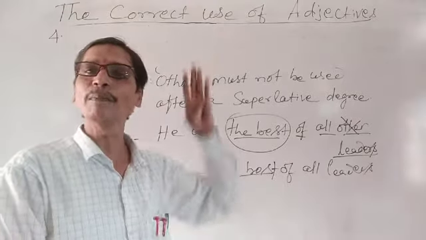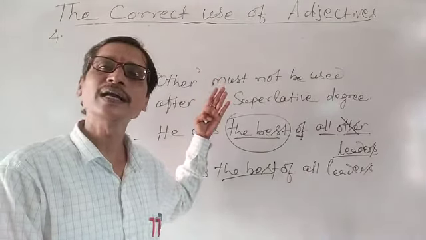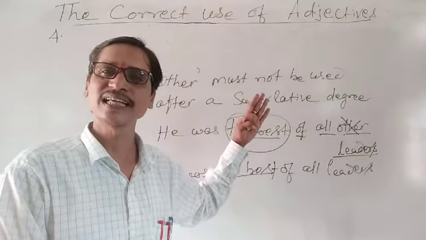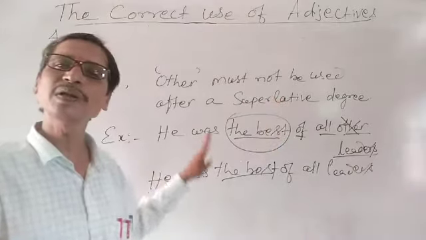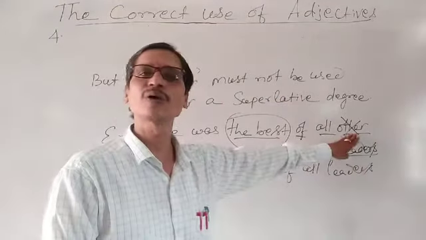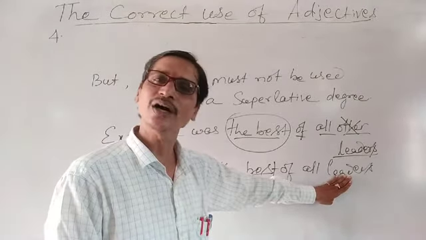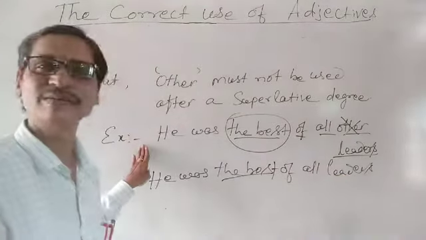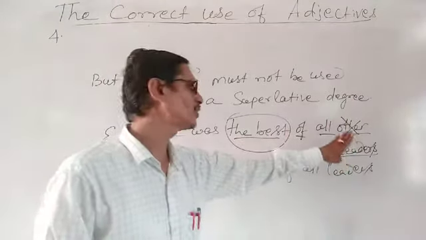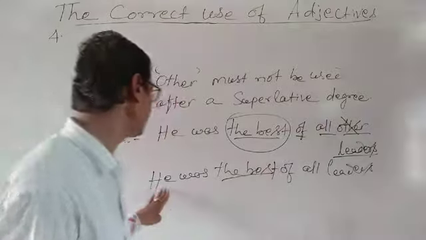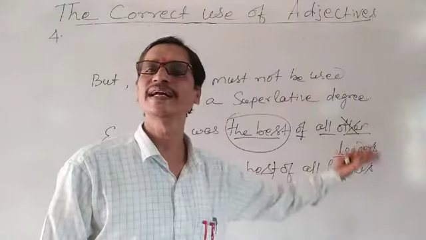But in comparative degrees, we could use the word other, with any other girl, any other leader. Understand? But for superlative degrees, we cannot use the word other. We should only use it without other. As in the example given, he was the best of all other leaders, here other is incorrect. Therefore, we should write: he was the best of all leaders.